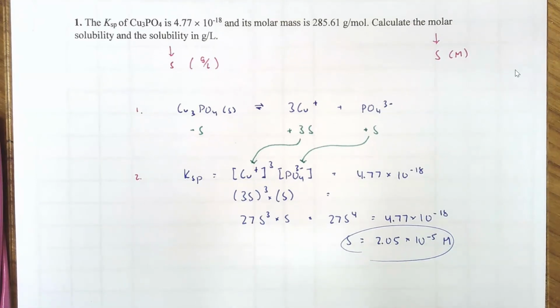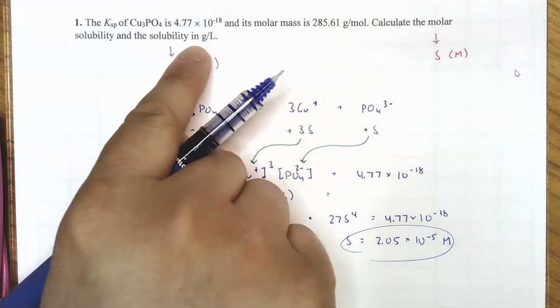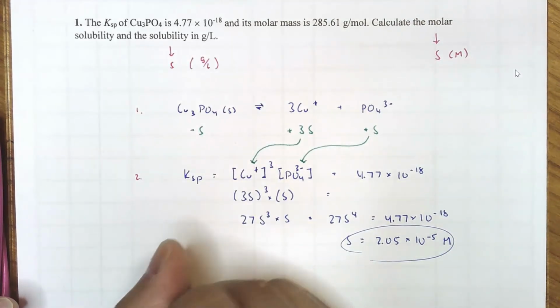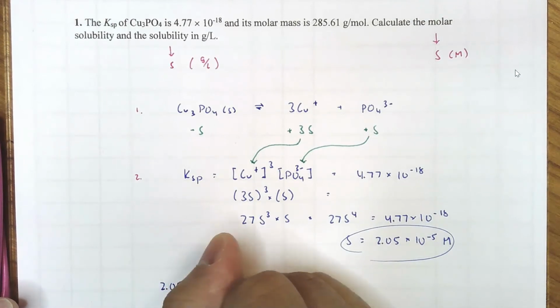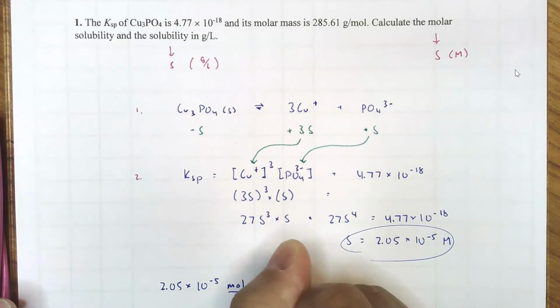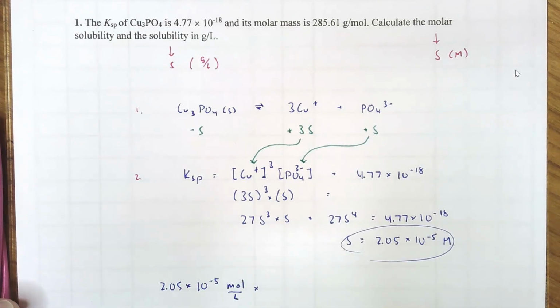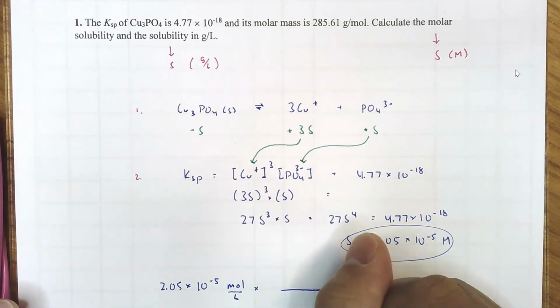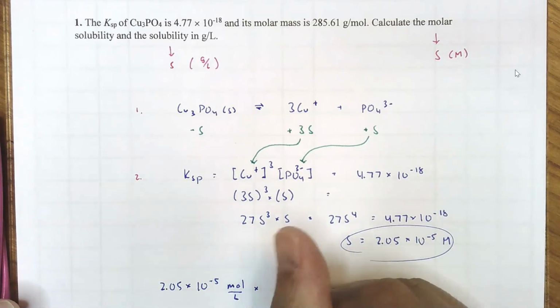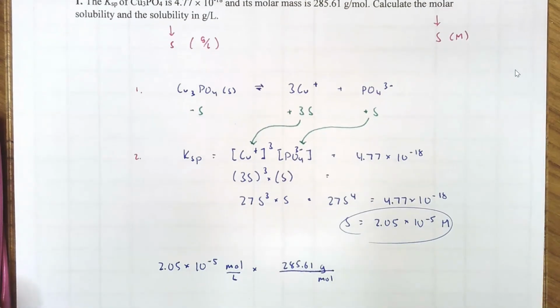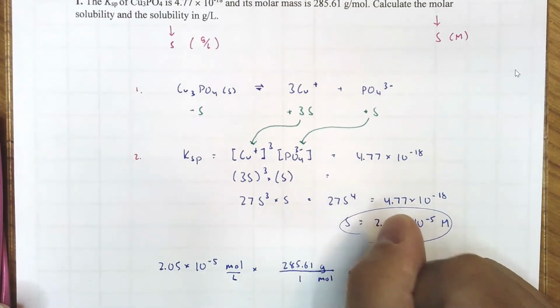And simply to go to solubility in grams per liter, we are just using dimensional analysis. We are just using unit canceling. And we'll break this up into moles per liter times, now I need grams on top and moles on the bottom, right? 285.61 over 1 equals.